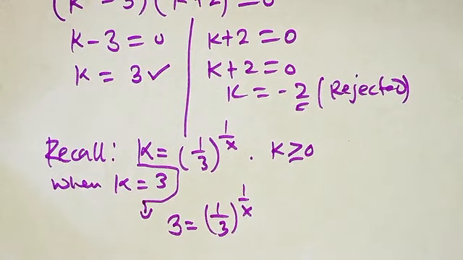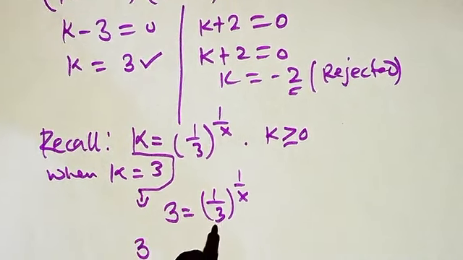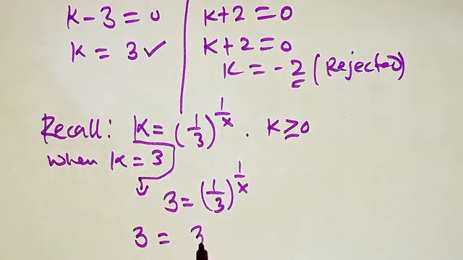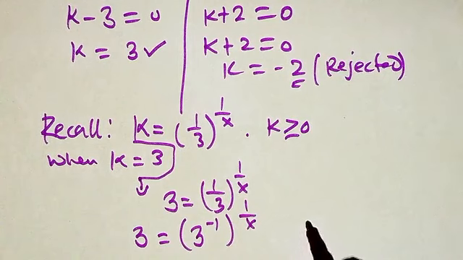Next, I'm going to rewrite this 1 over 3 in index form as 3 to power minus 1, all raised to power 1 over x.